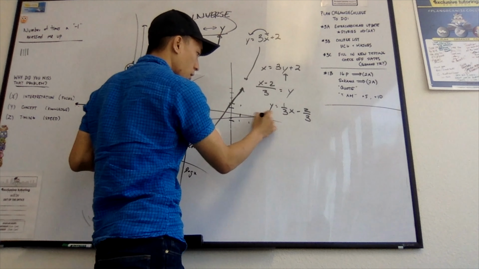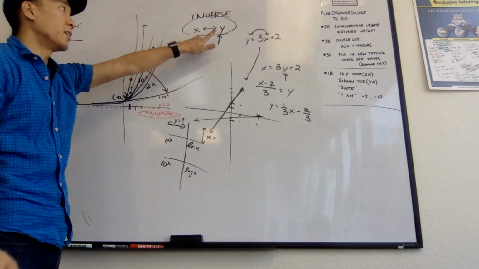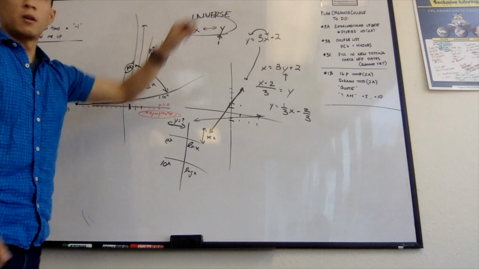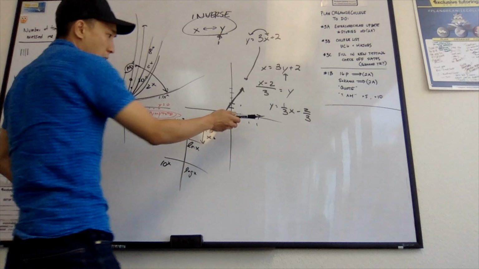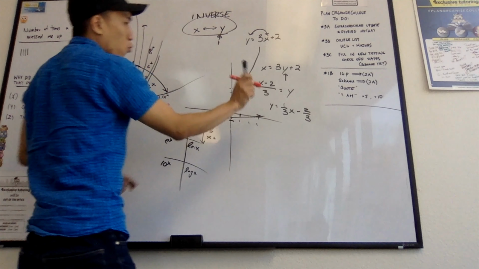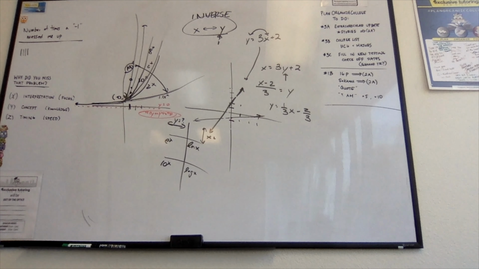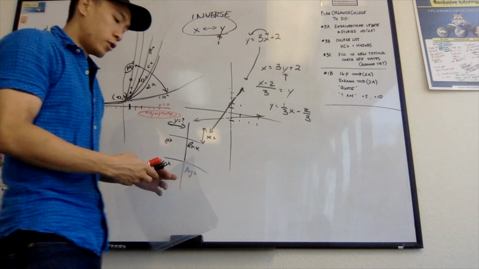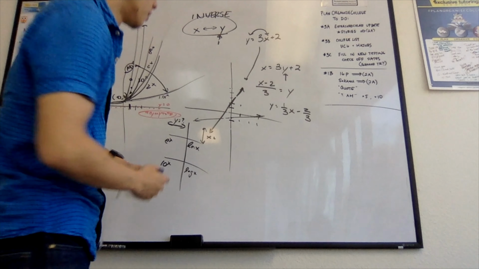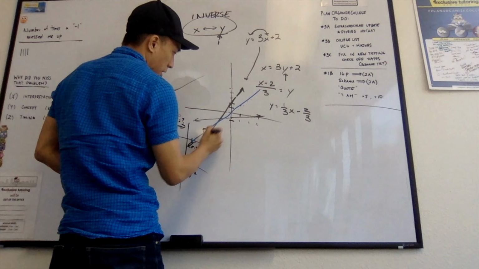Now, because y and x are flipping places, meaning that x and y are now swapping places, each of our graphs is being reflected over the x equals y line, okay? So x equals y is this line right here.